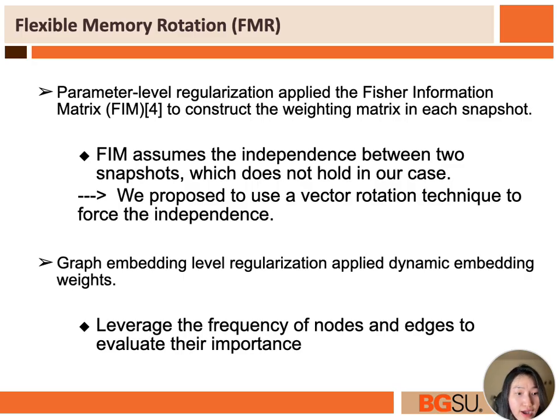But FIM assumes independence between two snapshots, which does not hold in our case, because the growing knowledge graphs evolve from the previous knowledge graph. So, we propose to use a vector rotation technique to foster independence.